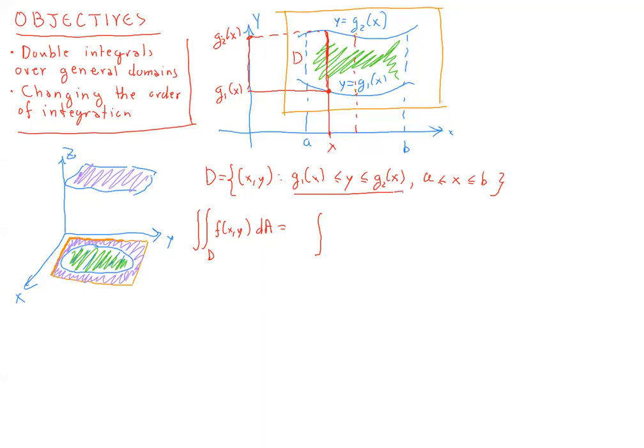So you go with respect to y of f of x, y. What is going to be now radically different from what you had in the case of the rectangle is that the endpoints are going to vary. And then you're going to eventually integrate from A to B.